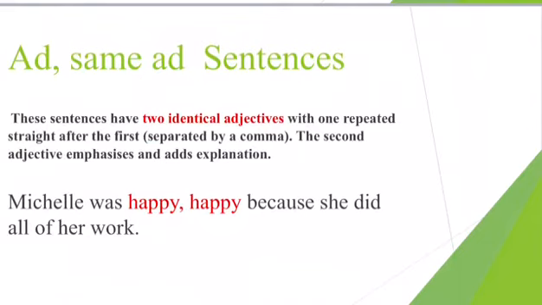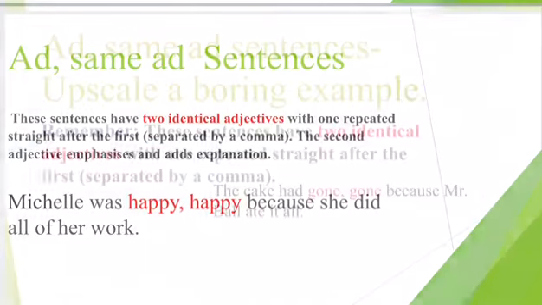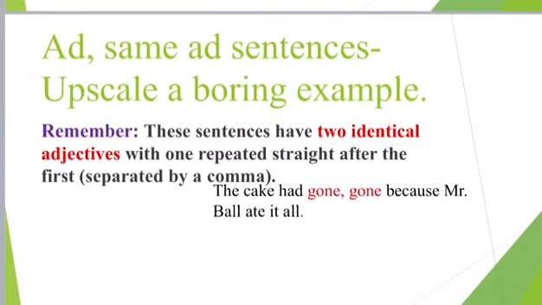So happy is the adjective in this sentence. It's been repeated instantaneously. After the first adjective, there's a comma, and the second adjective then goes on to add more explanation to the first one. So the same as before, I now want you to upscale this sentence using the add, same, add structure to make it more interesting.